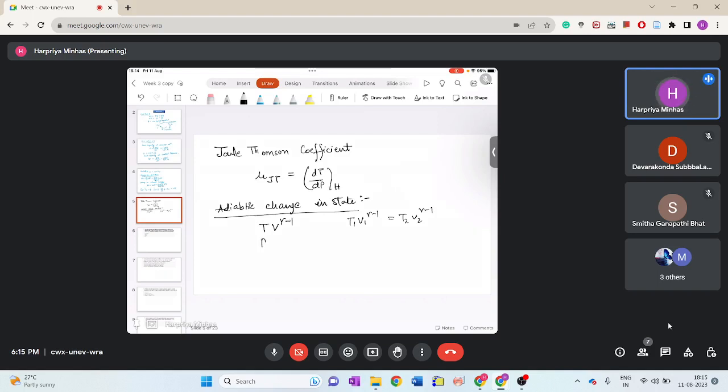The next relation is PV to the power gamma, that is P1 V1^γ equals P2 V2^γ. And the third one is T to the power gamma and P to the power minus gamma, which can be used similarly. So these are the basic formulas that you have read in this week.